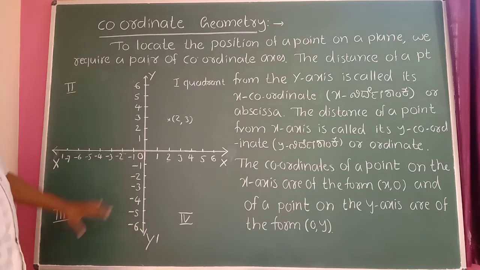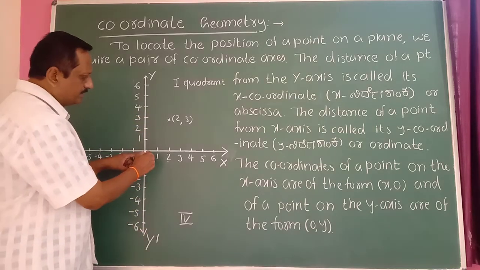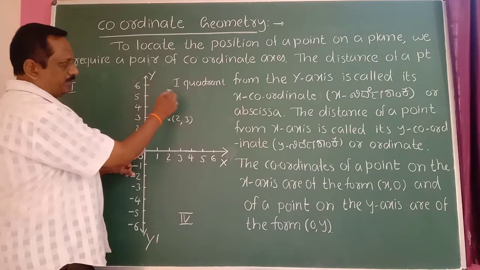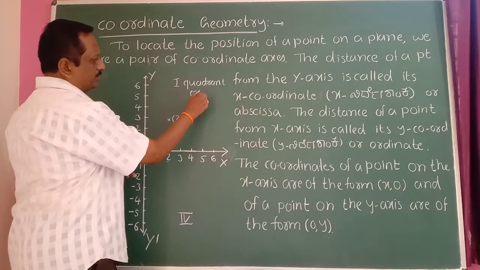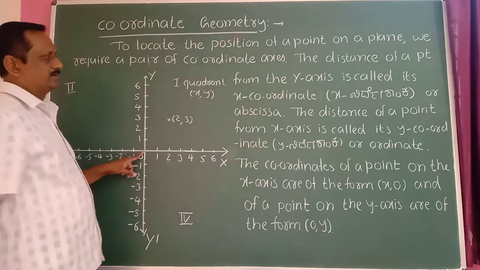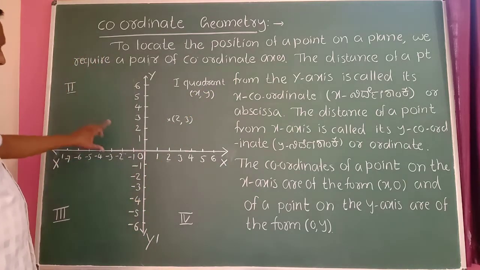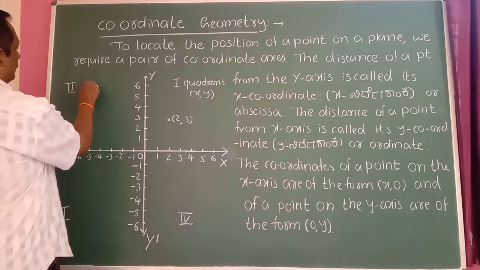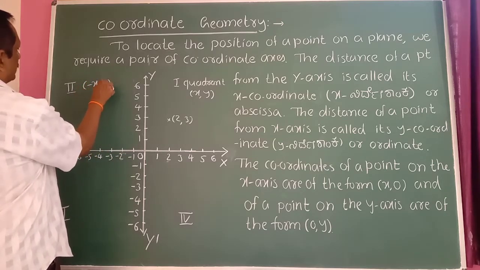In the first quadrant, x values are positive and y values are positive. In the second quadrant, x is negative and y is positive, meaning minus x, comma y.